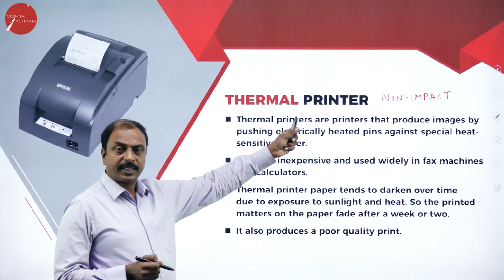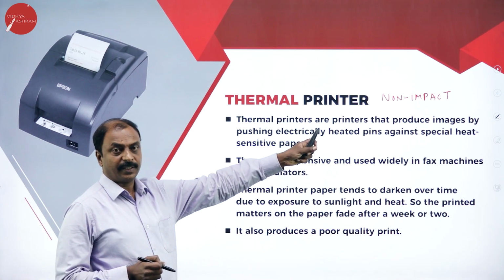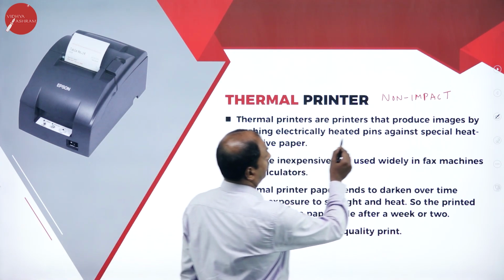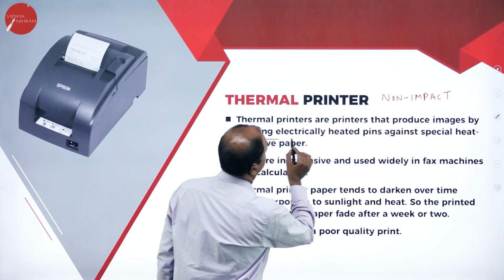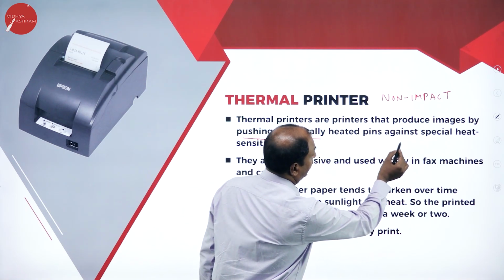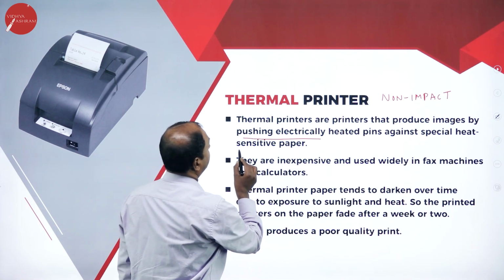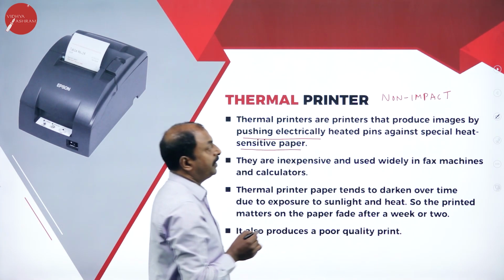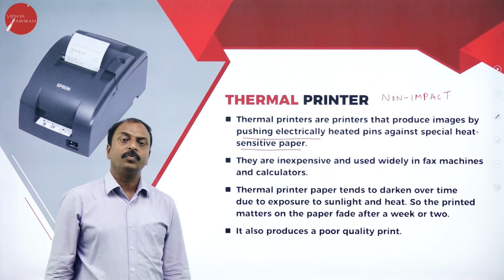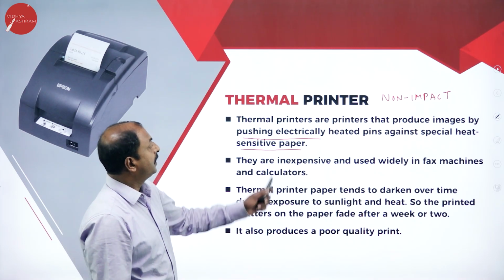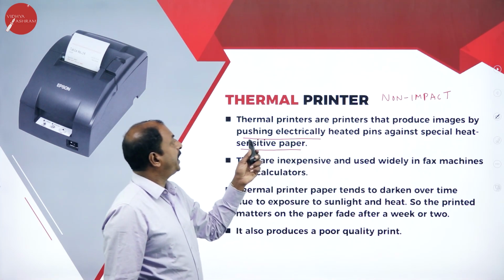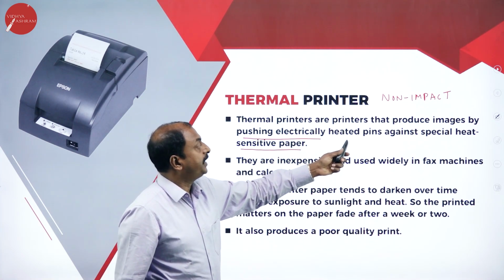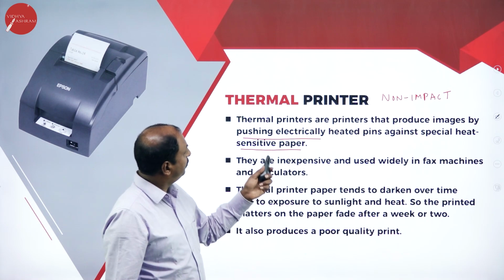One of the technologies is the thermal printer. Thermal printers produce images by pushing electrically heated pins against a special heat sensitive paper. And here, how do we get a printout? This technology produces the image by pushing the electrically heated pins against the paper.